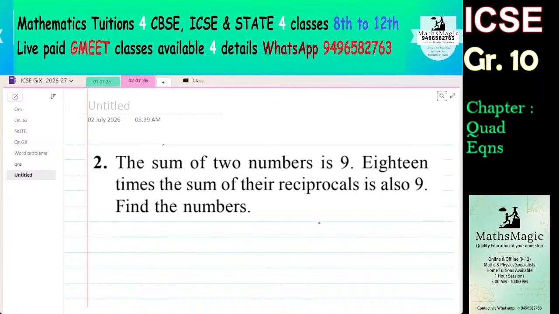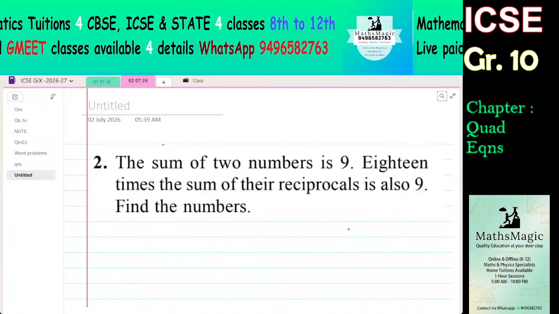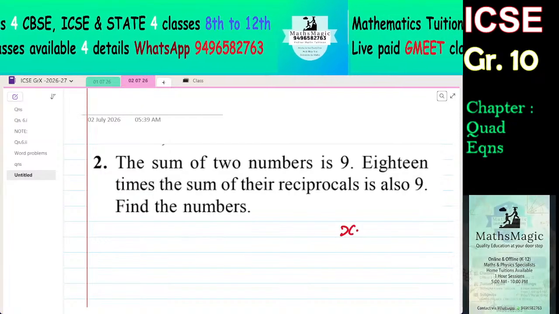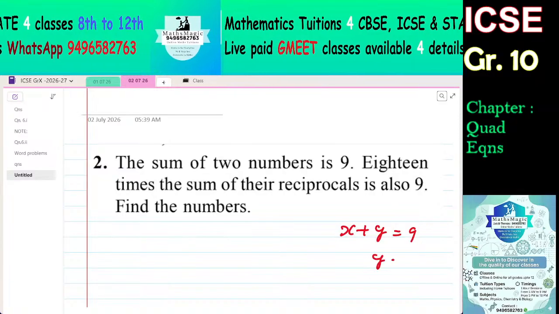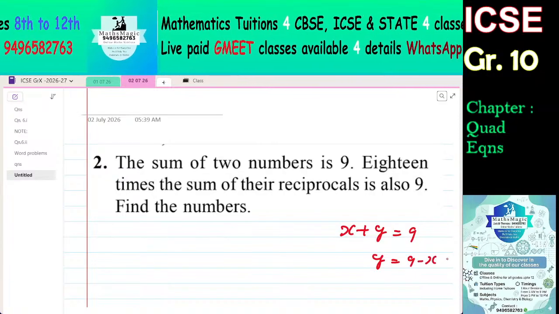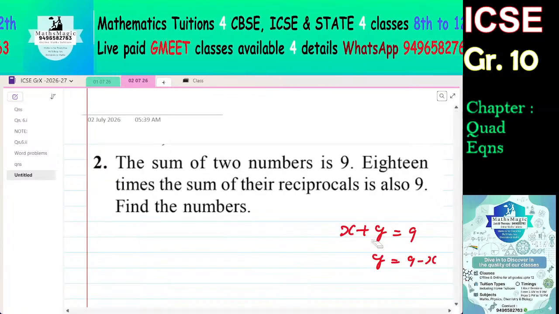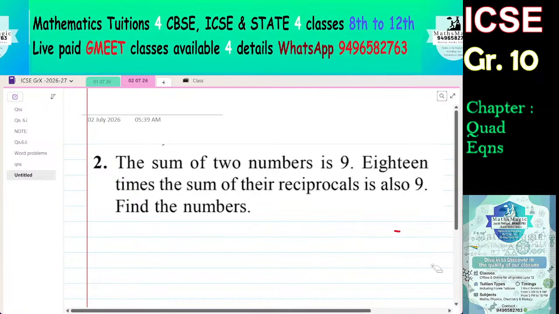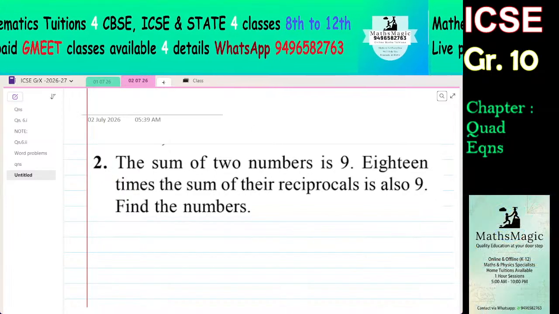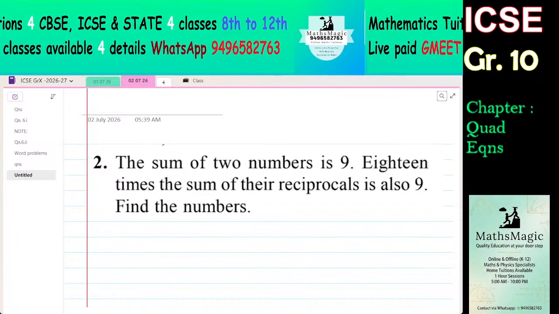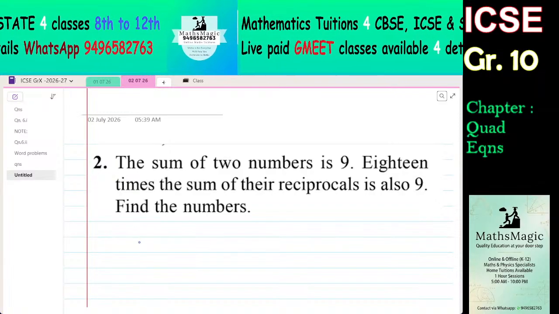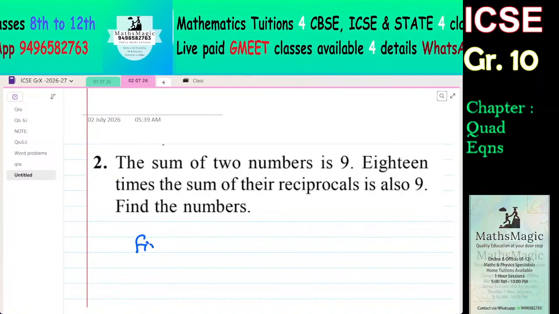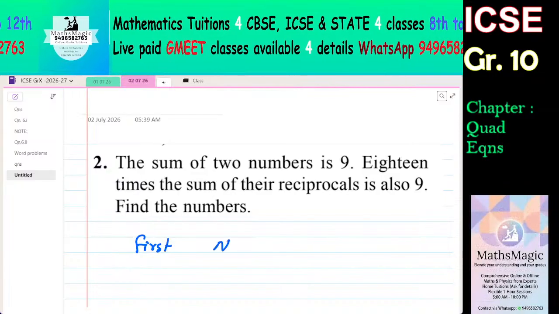Most of you have taken the numbers as x and y, then x plus y equals 9, then later y equals 9 minus x. That's okay. But let us start with the variable x itself. Sum of two numbers is 9, which means we have the first number as x.